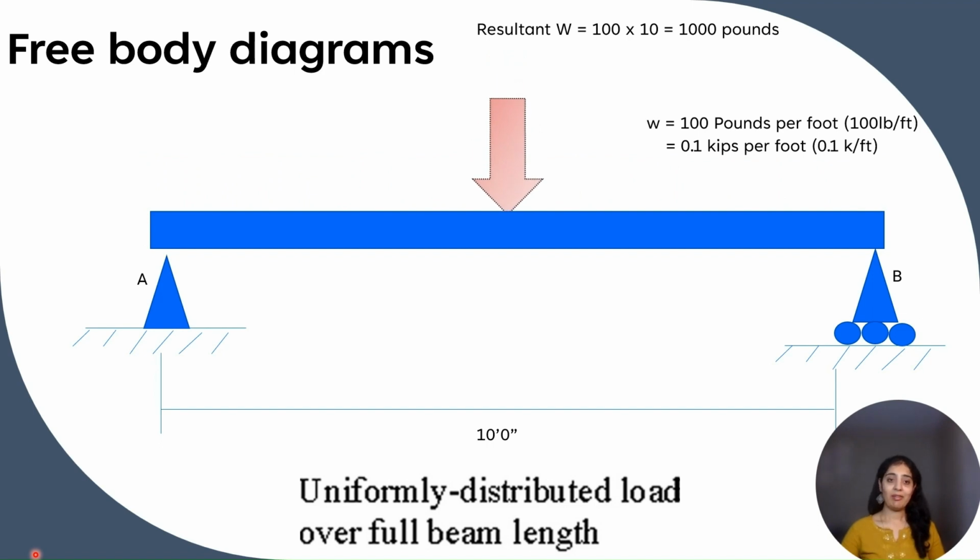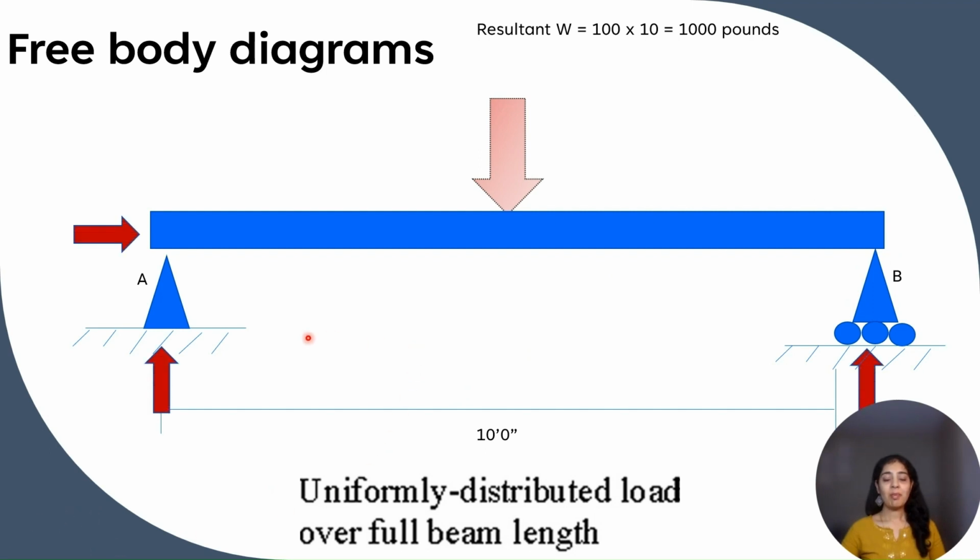So the resultant has been placed. Now, in the previous video, we have seen the types of supports and the reactions offered by them. So here, support A is a pin support and support B is a roller support. And the reactions offered by them will be like this.